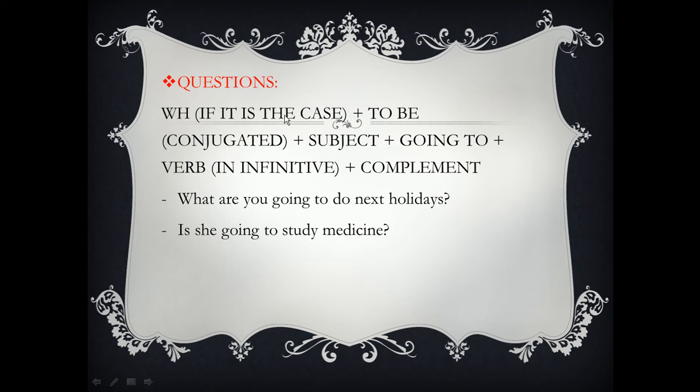So you don't use the first part. It says, is she going to study medicine? We got the complement. Yes, the difference between these two examples is that in the first one we have a WH and in the second one we got a yes/no question.